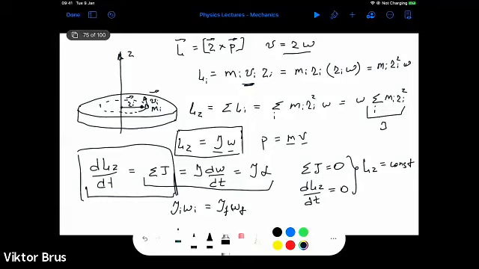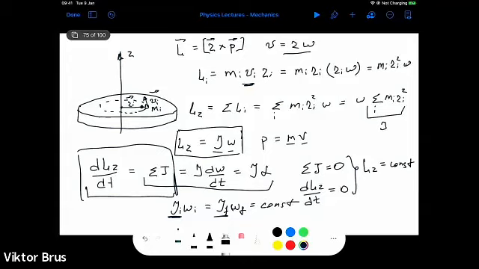So it means that for the isolated rotating rigid body, if all external torques are compensated, if we change, for instance, decrease the final moment of inertia with respect to the initial moment of inertia, then the final angular velocity will increase with respect to the initial angular velocity in order to keep this product constant.